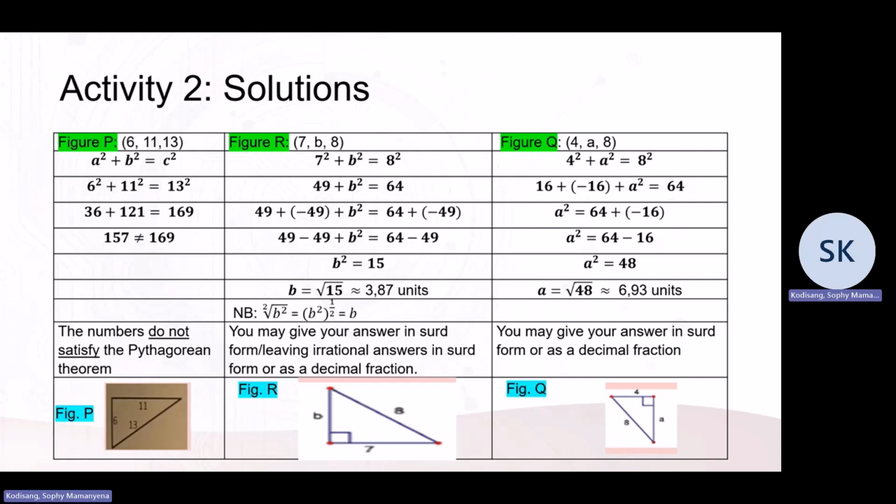So A squared is equal to 64 minus 16, for which the difference in this case is 48. So A squared is 48, but we are not interested in the value of A squared. We need to get the value of A. In this case, it will be the square root of 48. So for grade 8, you leave it at the square root of 48, but further on, you need to approximate it to a decimal fraction, which is 6,93.